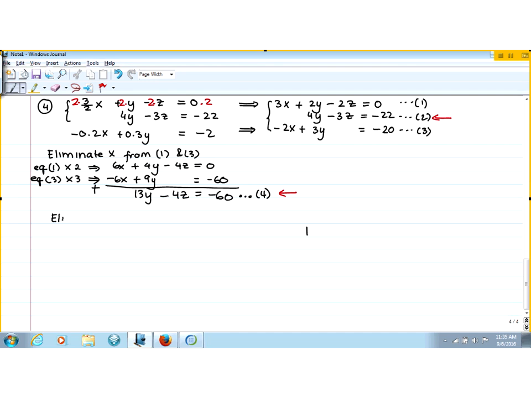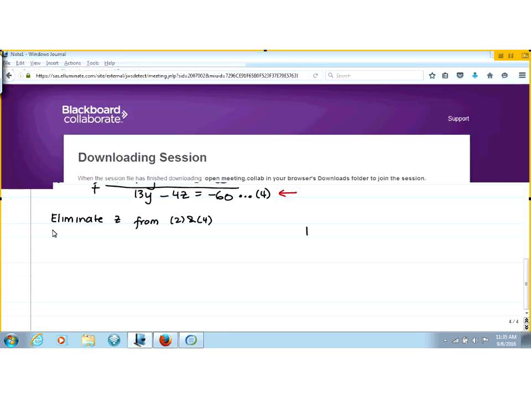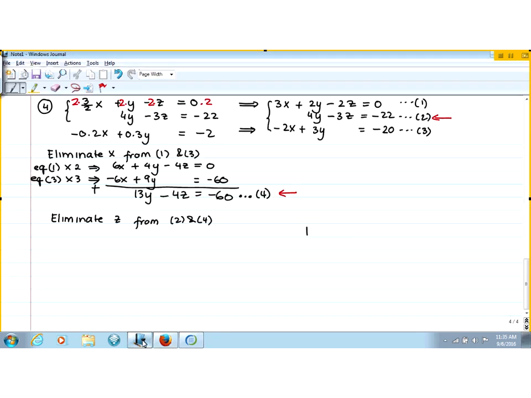Okay, now what should we do? Eliminate z from 2 and 4. Okay, let's see. What's the LCD? 12? So equation 2, you multiply by -4.